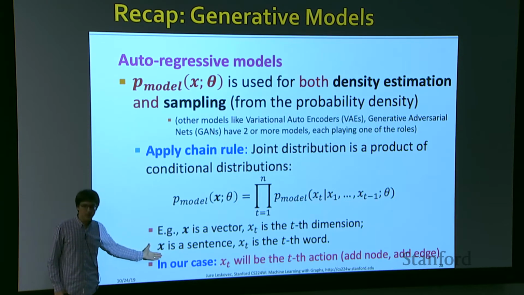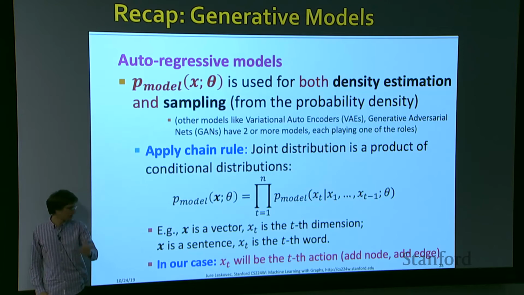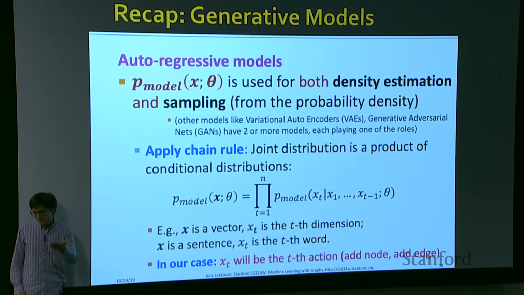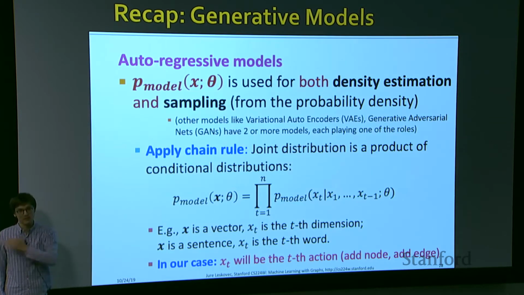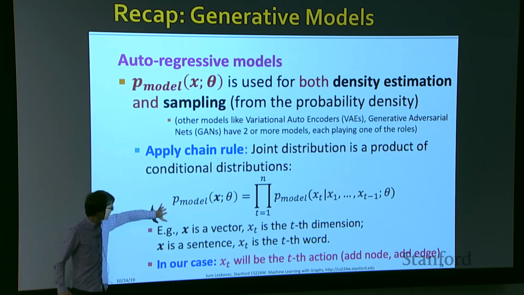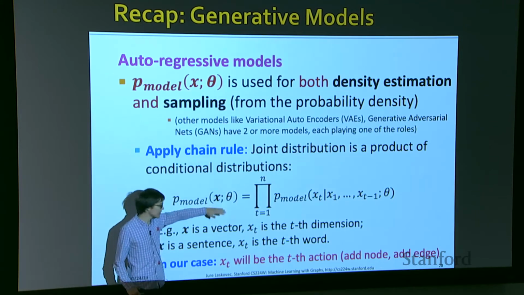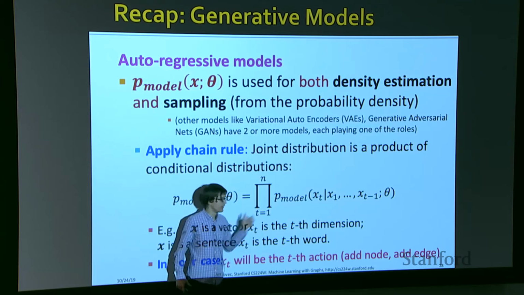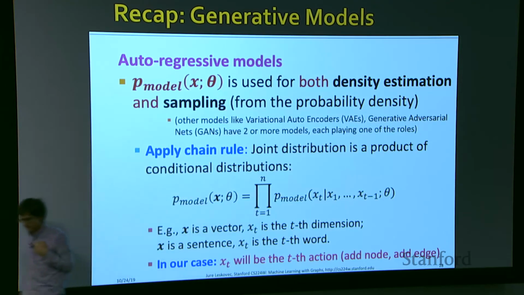Or if I want to generate natural language, a sentence, then you could say I generate a sentence as a sequence of words, where the next word depends on all the previous words, right? And again, this can be as complex as possible. You can always factorize it in this way using the chain rule, okay?